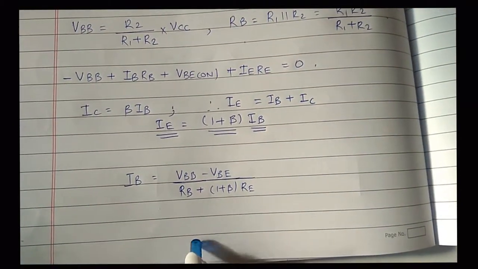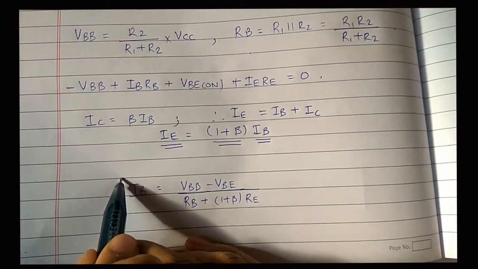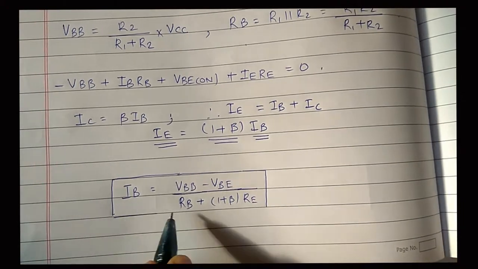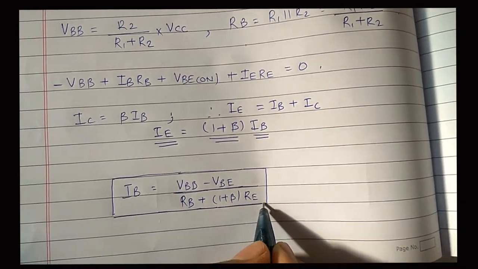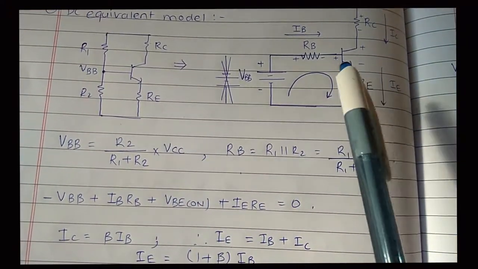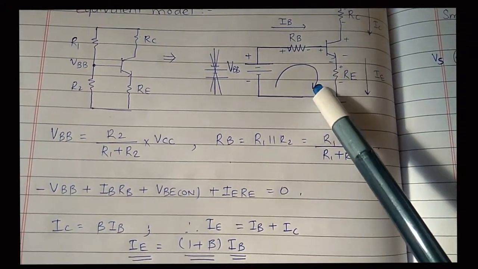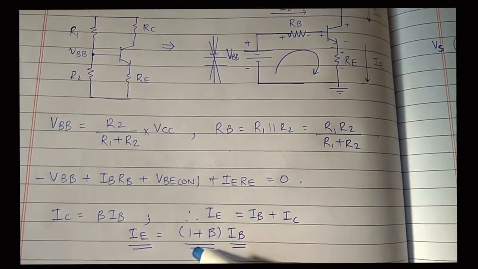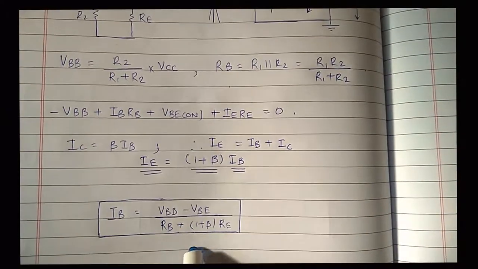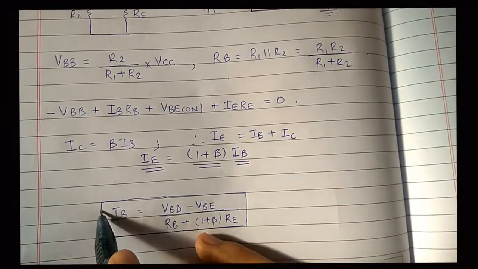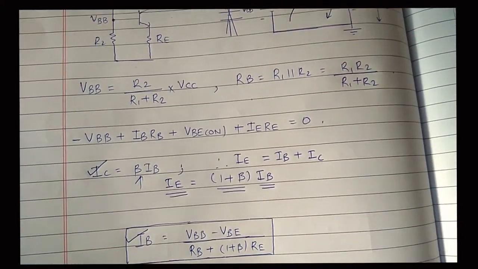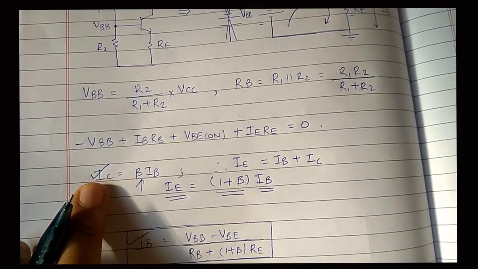This is also one important formula, but my suggestion is you should not try to learn this formula by heart. Instead, just apply the KVL rules here. This will allow us not to make any mistake while doing the calculations. Just try to apply the KVL instead of using this formula. So here we can get IB. From IB we will get IC, as beta will be given to us.